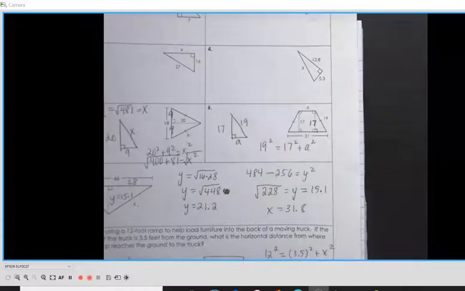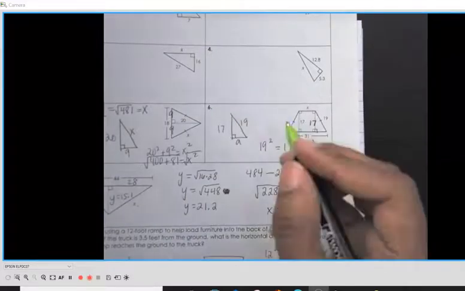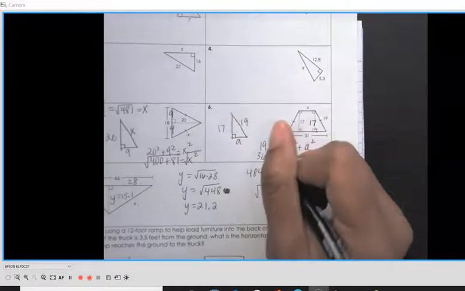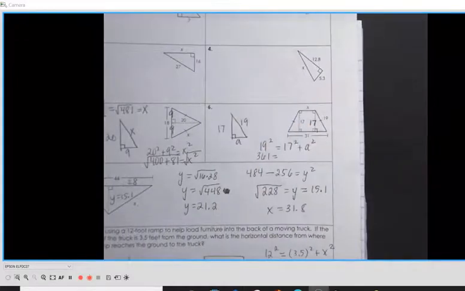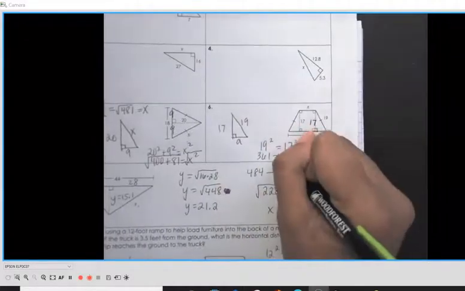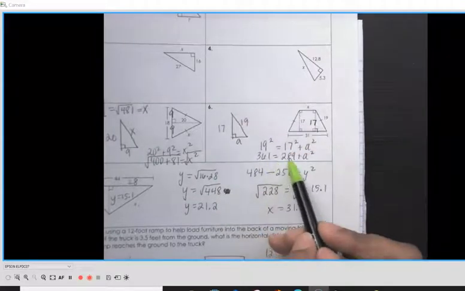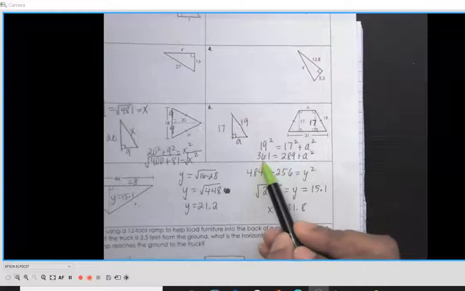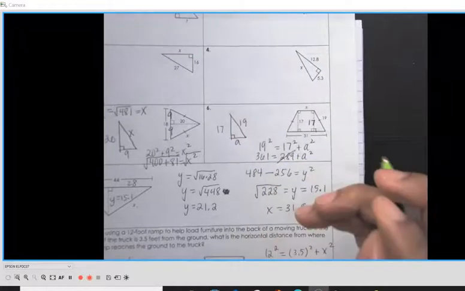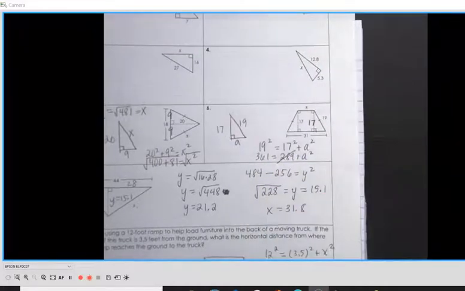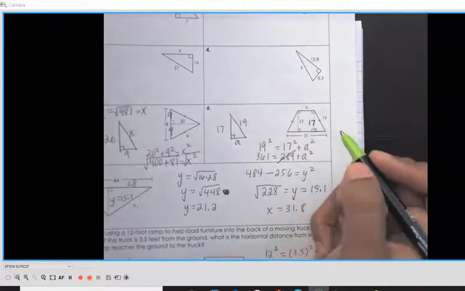So 19 squared is 361. 17 squared is 289. And then I'm just going to subtract that 289 over to this side because, again, I'm trying to get a by itself. So 361 minus 289 is 72.